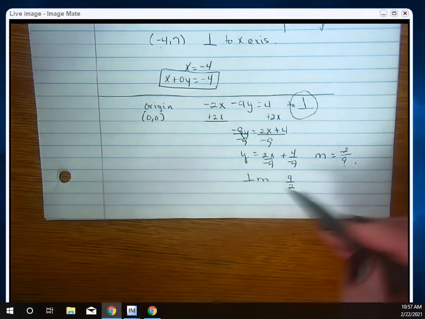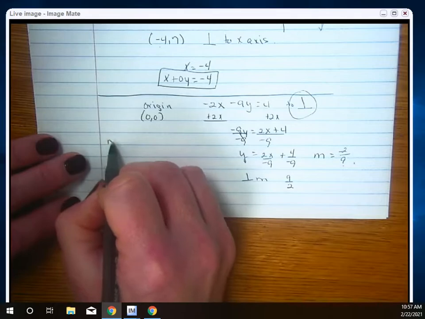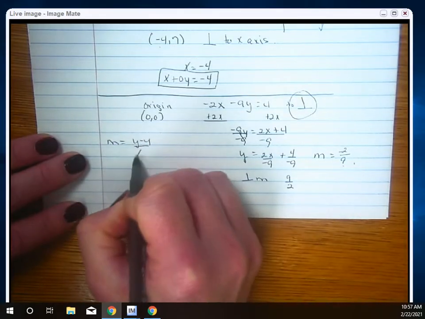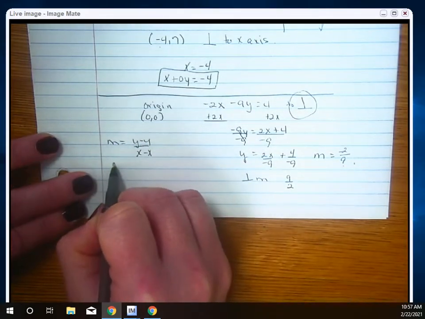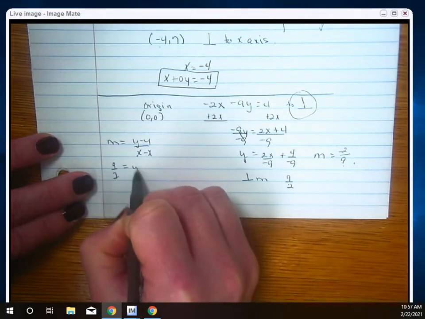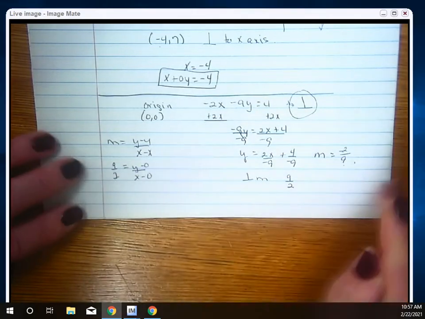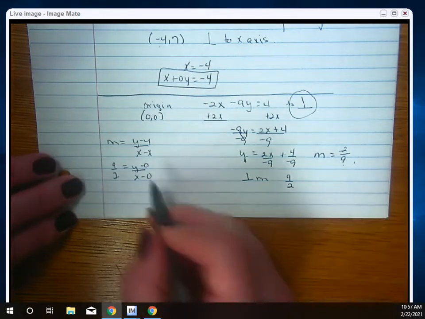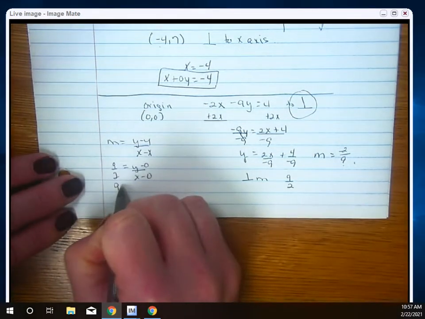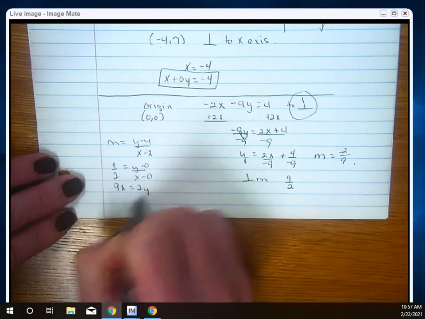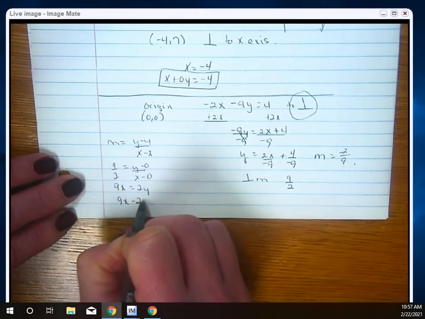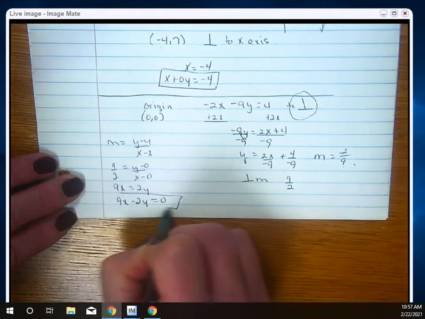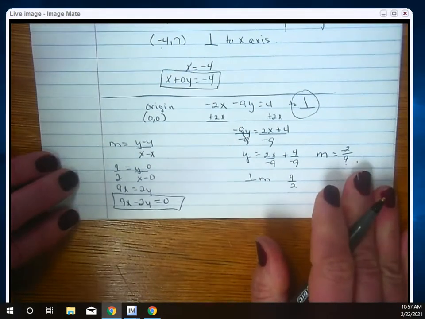Instead of 2 over 9, it's going to be 9 over 2. m equals y minus y over x minus x. My slope is 9 over 2, y minus 0 over x minus 0. I'm now going to substitute in my point and cross multiply. 9x equals 2y. 9x minus 2y equals 0 because we have to have it in standard form.